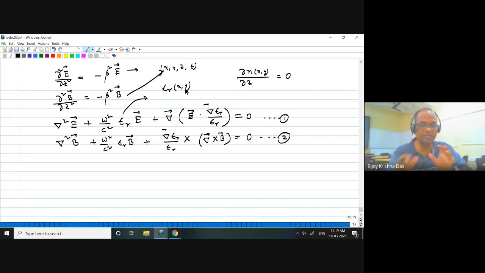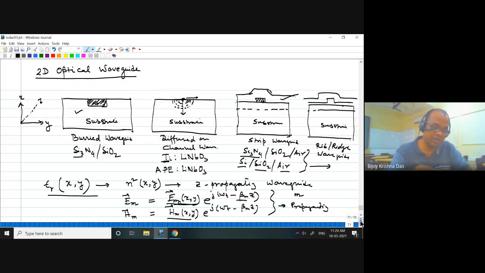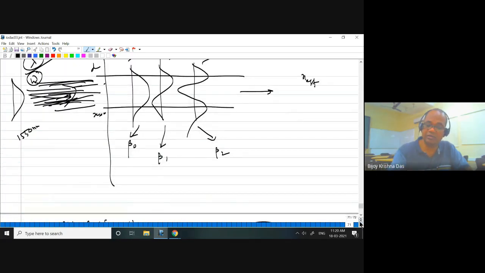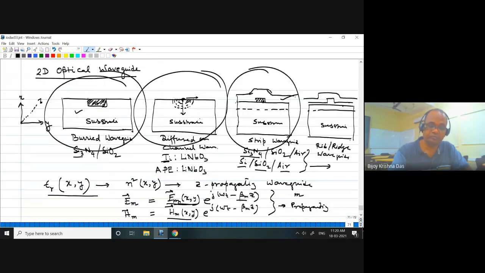So the entire region you have to solve. This equation needs to be solved considering your entire cross section like this. You just consider a certain cross-sectional area, and then you can get your solution. All this area you can consider, and then we need to find what the solutions are.